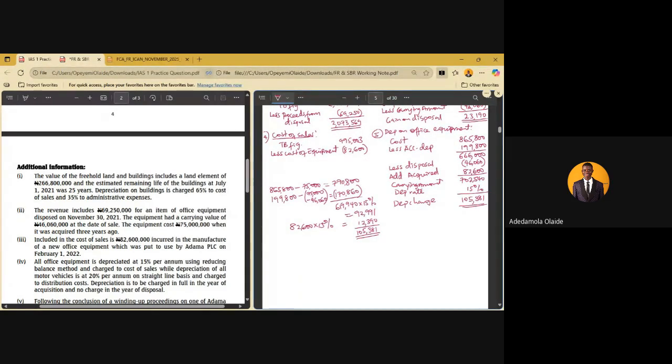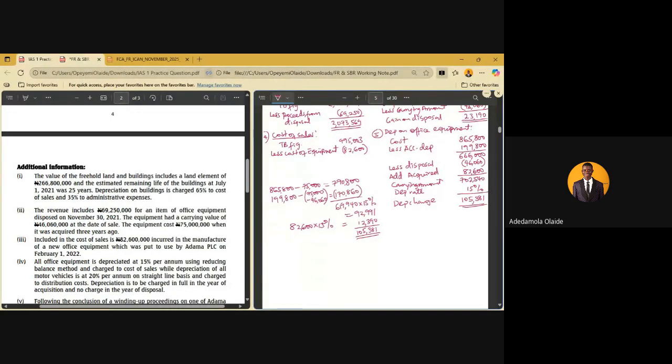But if they did not give us that clause, that full year depreciation is to be charged in the year of acquisition and none in the year of disposal, we have to follow the provision of IAS 16, which is depreciation will be charged on a time apportionment basis. And if we are to charge depreciation on a time apportionment basis, where we are using reducing balance method, we have to separate it.